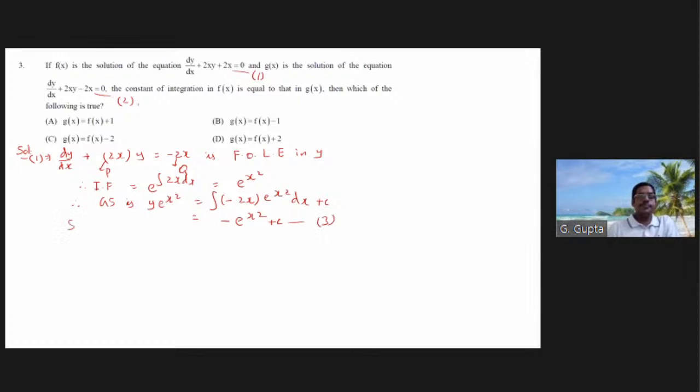Similarly, the GS, that is the general solution of differential equation 2, is y times the same terms, only minus 2x here. The difference, plus is replaced by minus, square plus same constant. Let us say 4.